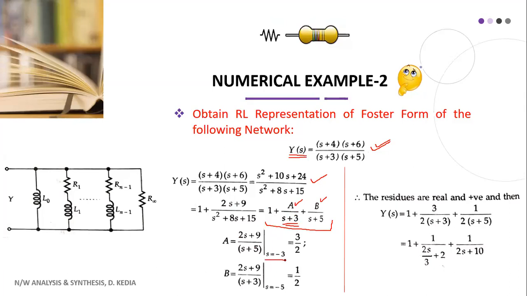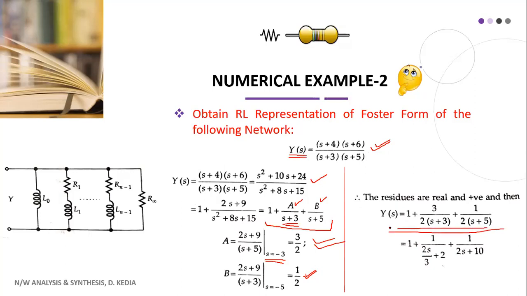So we have substituted s equal to minus 3, and we get A equal to 3 by 2. Then B we have got by substituting s equal to minus 5, and its value is 1 by 2. Okay, so once we have got A and B, we get this representation.